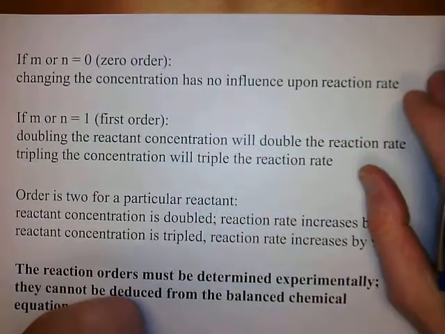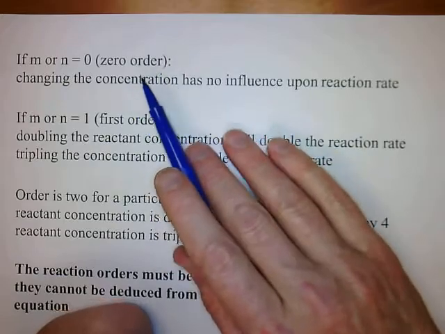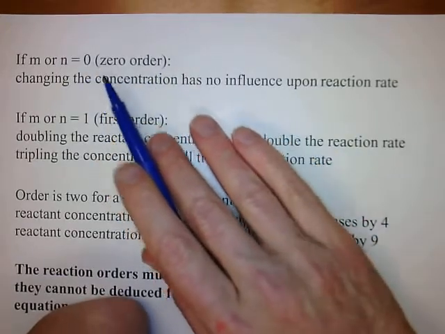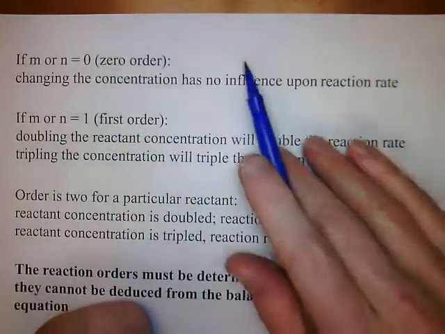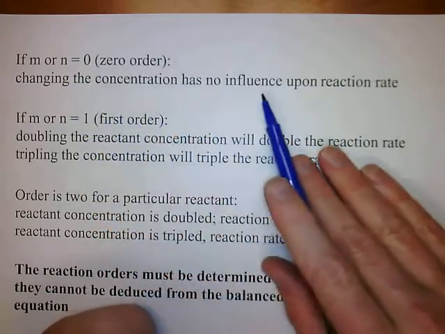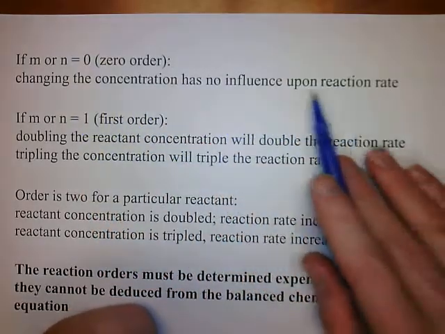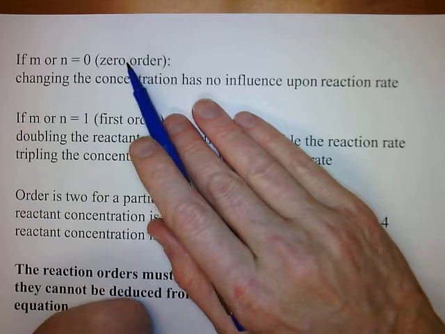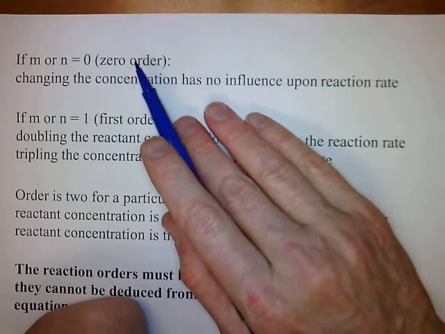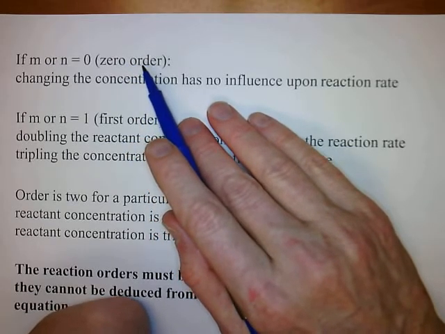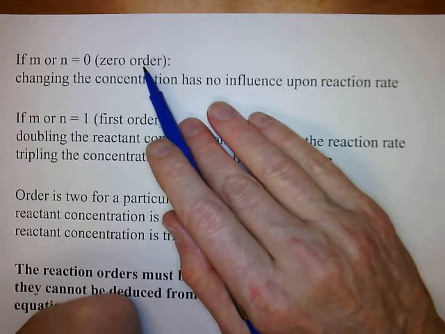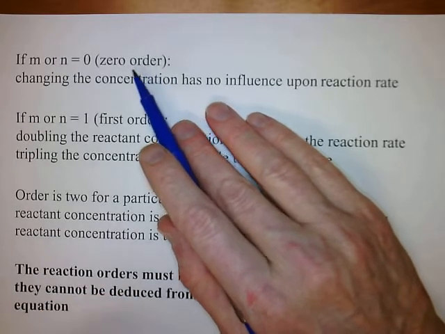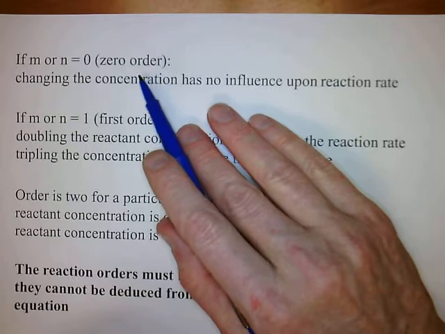But it is possible to have a zero order reaction. Okay, we'll get to why that is much later, but changing the concentration has no influence if the order is 0, because anything to the zero power is 1, so that basically drops out of the rate law.